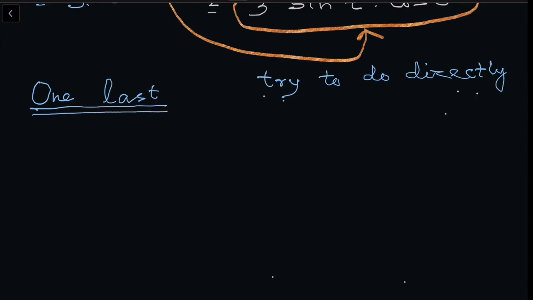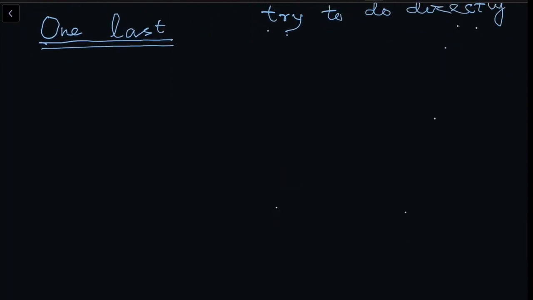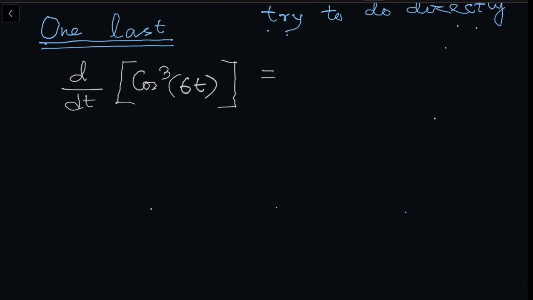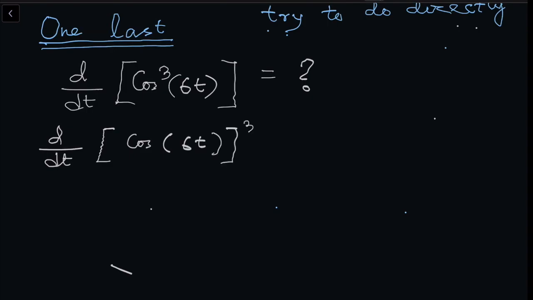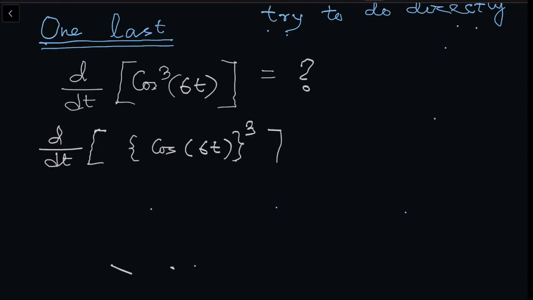And let's do one last. d by dt of cos cube 6t. Now see what happens. How much? You can pause the video and do it by yourself. Otherwise, see this. First, we will consider cos cube 6t to be cos 6t whole cube.